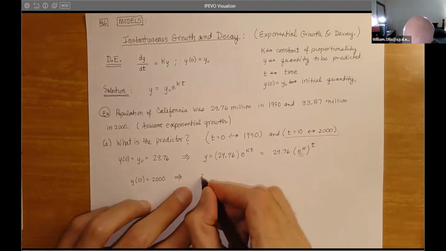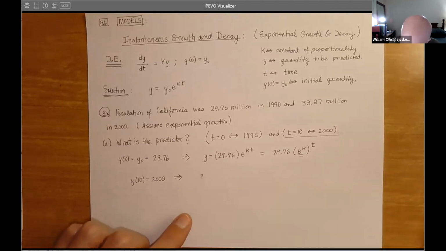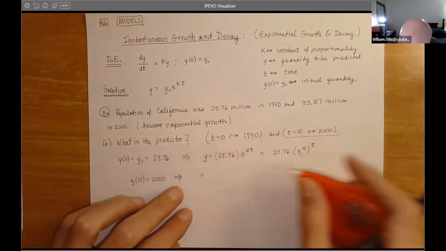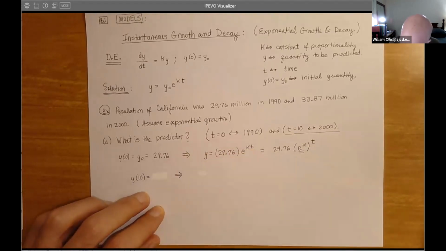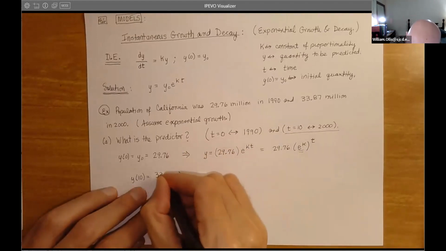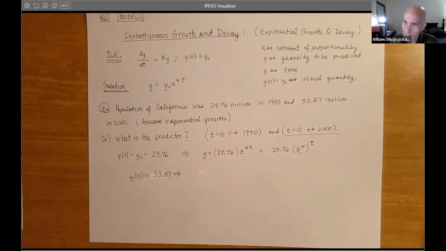So this says 2,000. Oh, sorry, ding, 33.87. We know 2,000 corresponds to 10, but I need the actual population. So 33.87. The beauty of mathematics, it says, wait a minute, you used 2,000 twice.